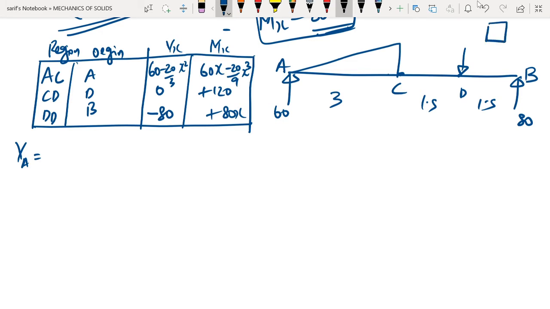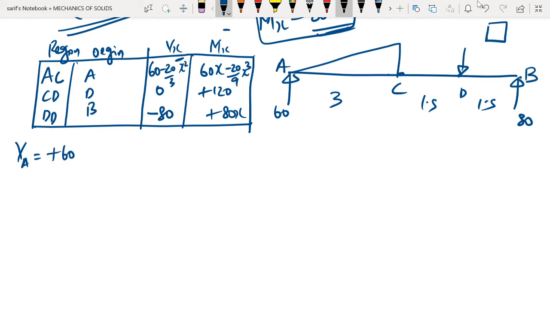You can simply put x is equal to 0 in this expression. If you put x is equal to 0, you will get the value of shear force at the point A, that is plus 60.